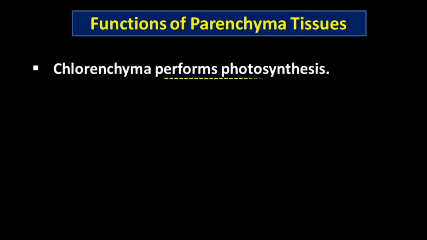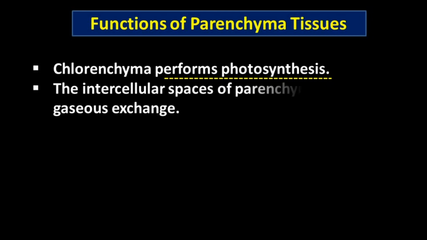Parenchyma performs photosynthesis because they have chloroplast, so they are able to make their own food. The intercellular space of parenchyma cells allows gaseous exchange, जिसकी वजह से gaseous exchange possible होता है because of the intercellular space of parenchyma tissue.